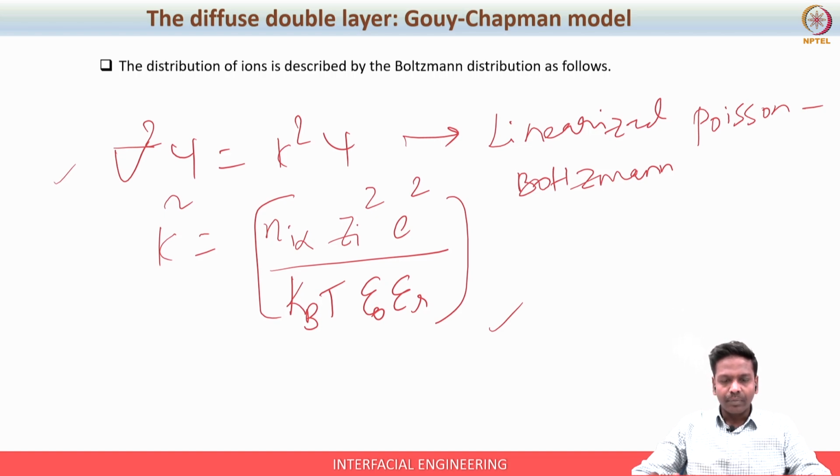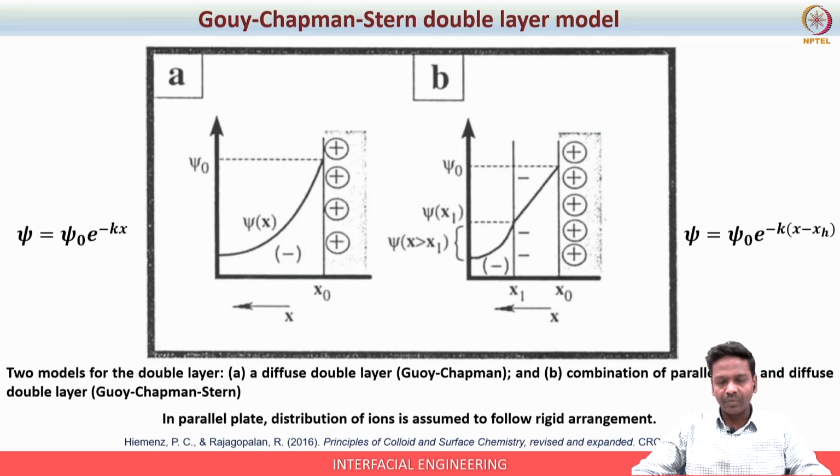Because the k is obtained from the Boltzmann distribution function, the equation obtained using this approach is called the linearized Poisson-Boltzmann equation. This is a very important one. We forgot to highlight this during our last lecture, so kindly make a note of it. We'll now move on to the next electrical double layer model.